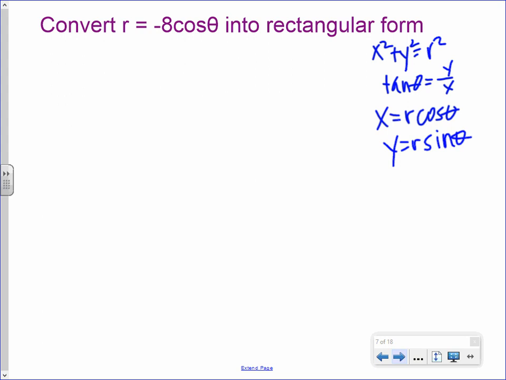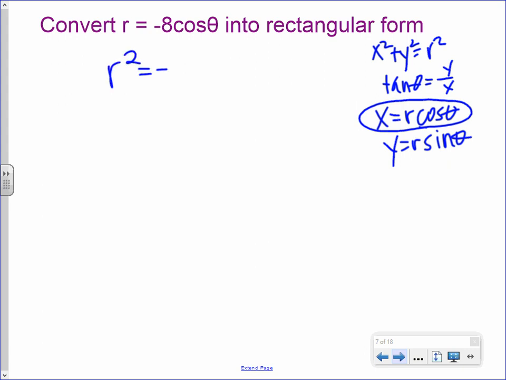Oh, wait, is it? I see. r equals radical... I can almost see r cosine squared. That's close. What does the right side mean? It needs an r, right?